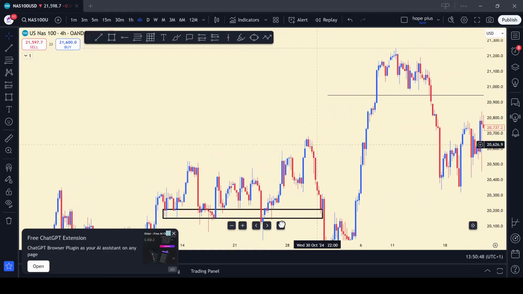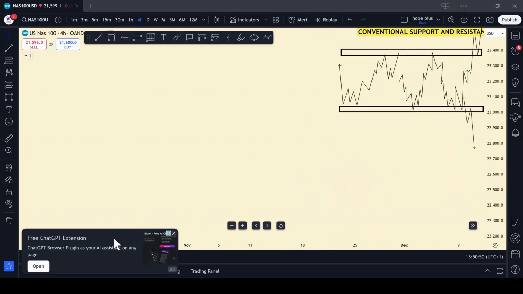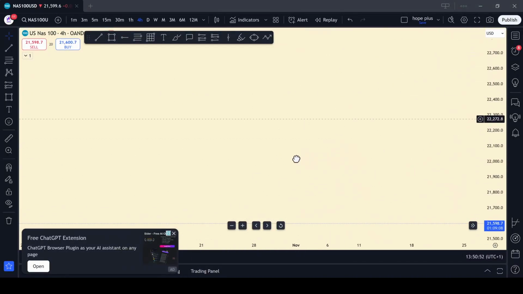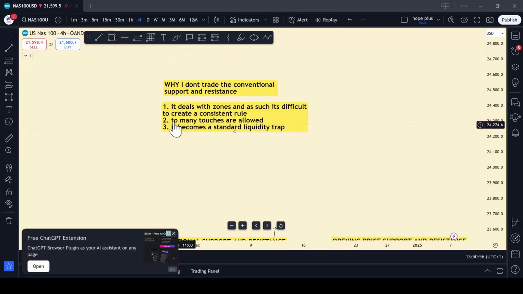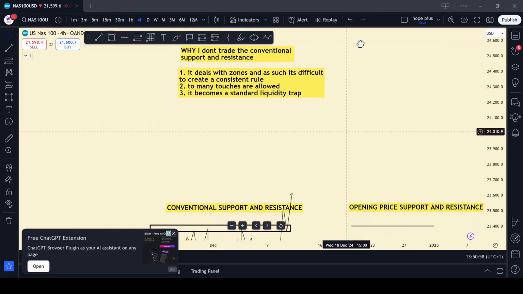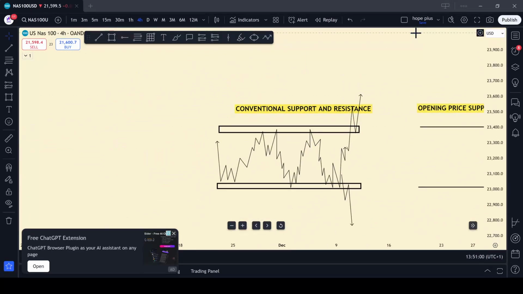So that brings me to reason number two why I do not trade support and resistance the conventional way. Too many touches are allowed. With this, as long as the area is not broken, traders will keep buying at the support and selling at the resistance level.